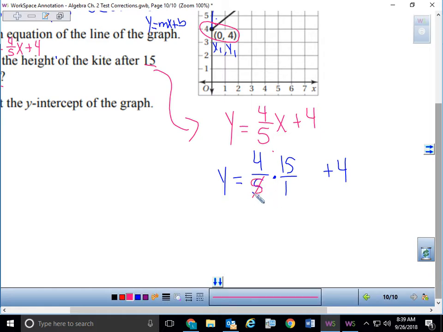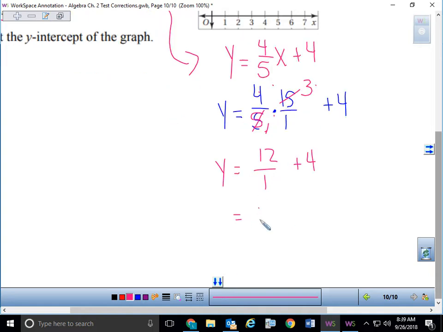When I divide 5 by 5, I get 1. When I divide 15 by 5, I get 3. So I have 4 times 3, which is 12. 1 times 1 is 1, plus 4. Well, 12 divided by 1 is the same thing as 12 plus 4. So I have y equals 16, or 16 feet.